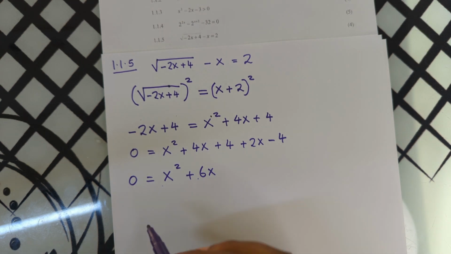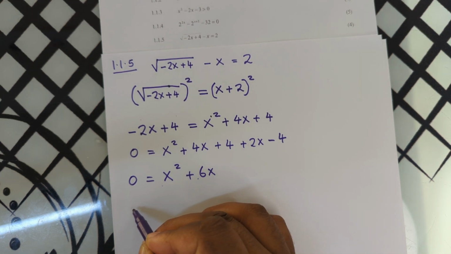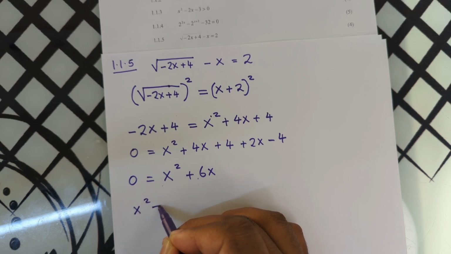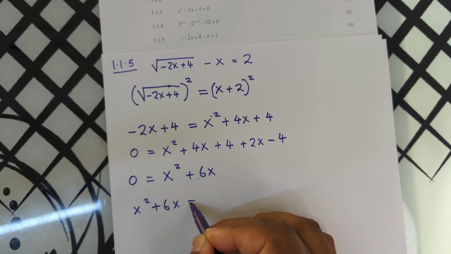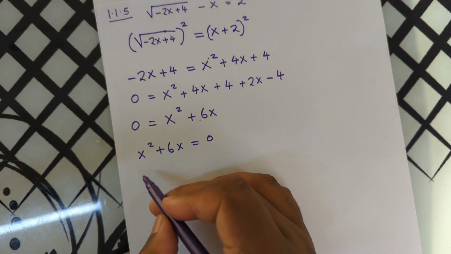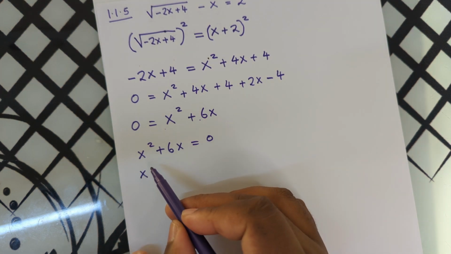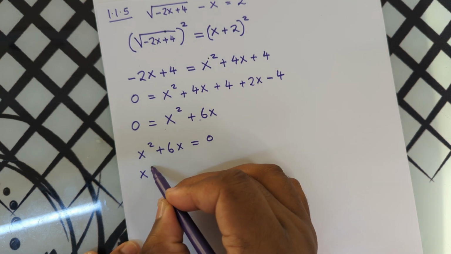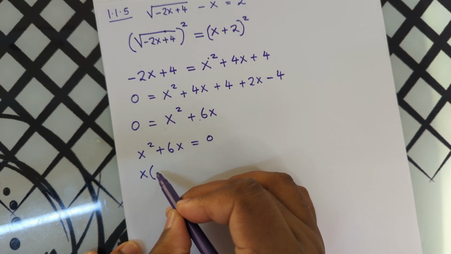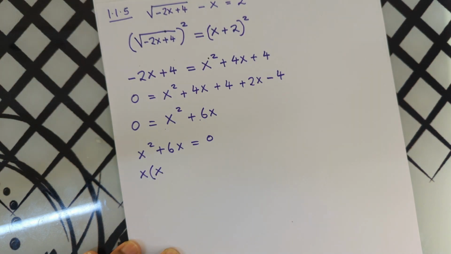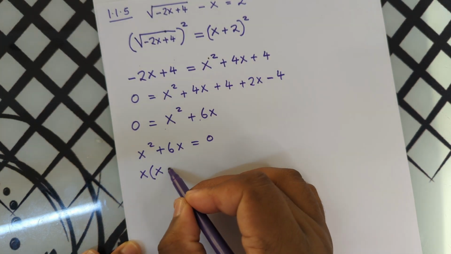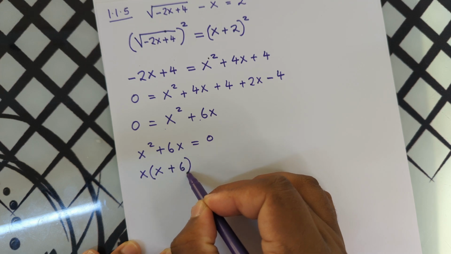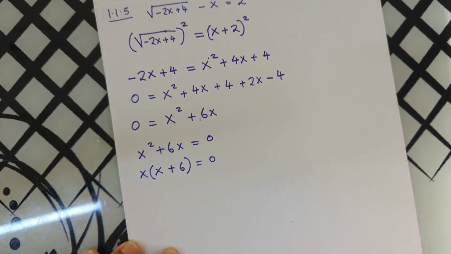And how do we solve this? We have to factorize. So our equation is x squared plus 6x being equal to 0. So now we need to take the common factor. The common factor between x squared and 6x is x. So take the x out. What's going to remain inside the bracket is x plus 6 being equal to 0.